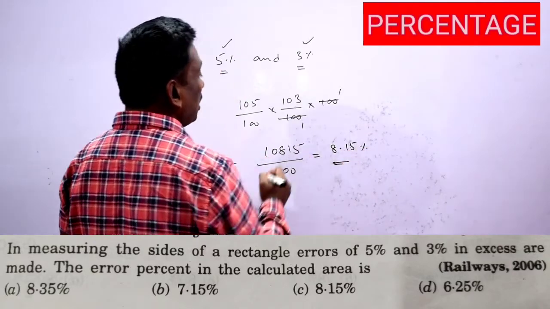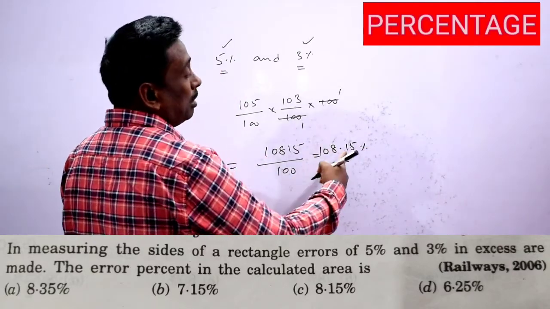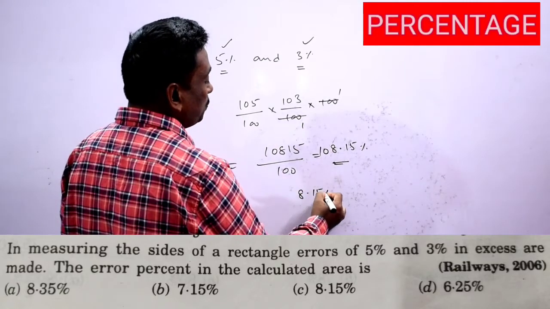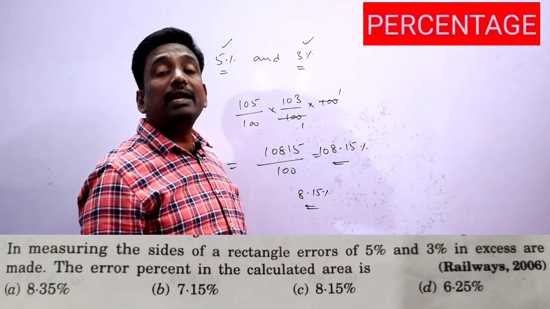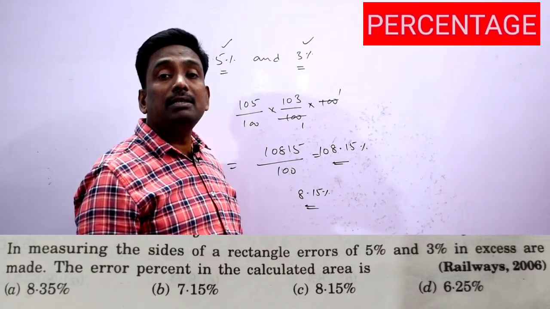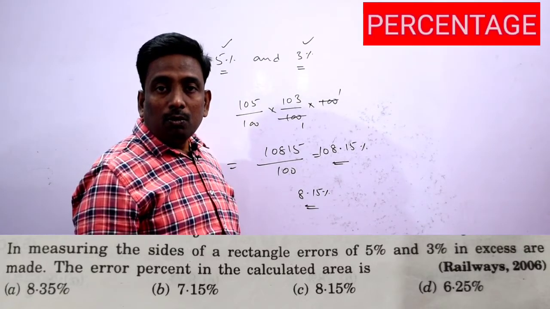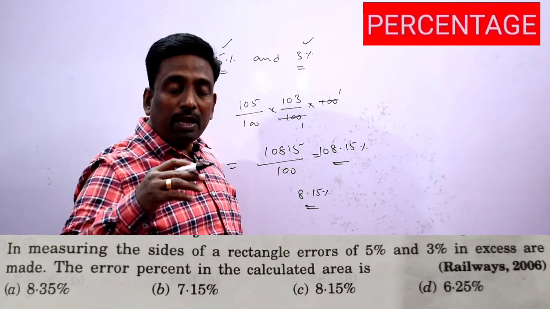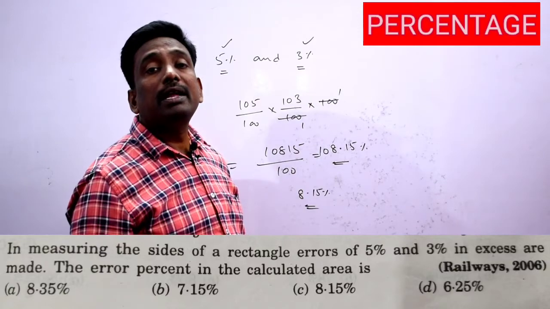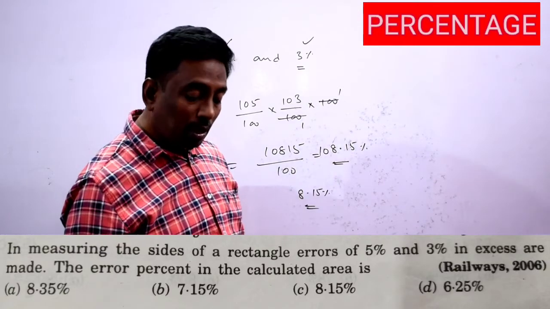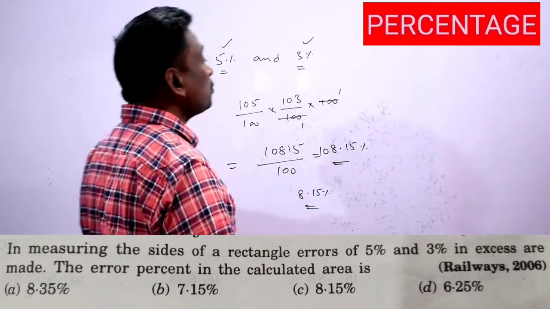When compared with 100, this is 8.15 more. That's why you can say that the calculated area has 8.15% excess, when compared with the original area. Okay, now move on to the next problem.